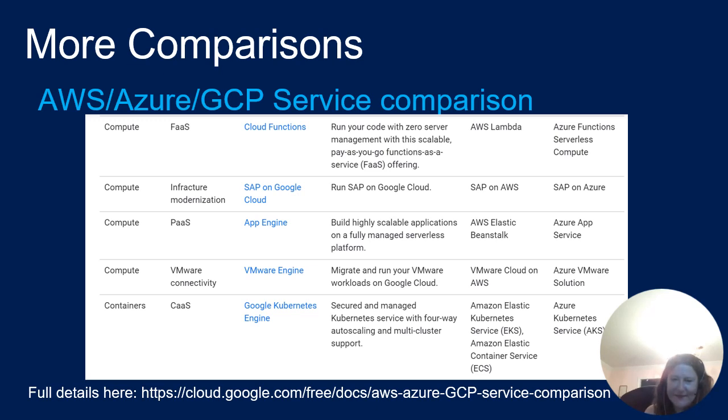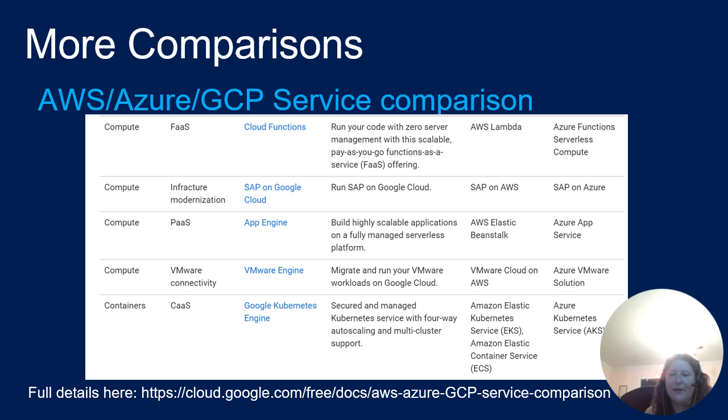Containers as a service, so this is where you just have a container that runs on a Docker basis or something like that, and you can just literally throw your container at the cloud. There's two options in Google Cloud: Google Cloud Run and Google Kubernetes Engine. Both of those exist in Google Cloud. Google Cloud Run used to be more of a platform as a service, but now it's more of a container as a service.